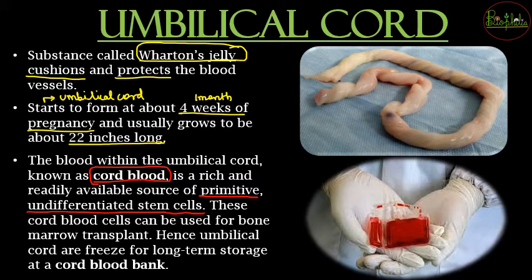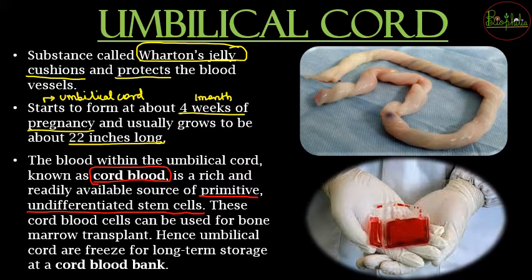So whatever cells formed the fetus differentiated later on, but there are some cells still left in the umbilical cord which are undifferentiated and act as stem cells. So nowadays, after many years, people understood that if you preserve the umbilical cord, you can be supplied with these undifferentiated stem cells.